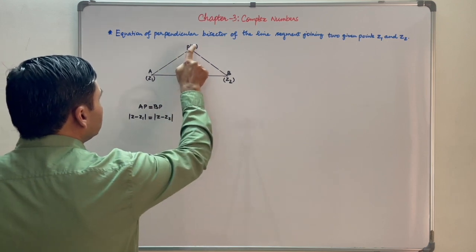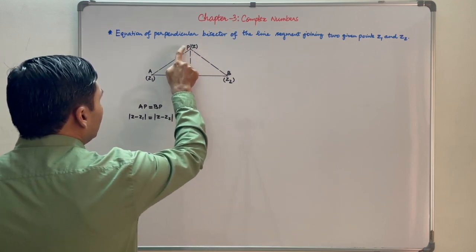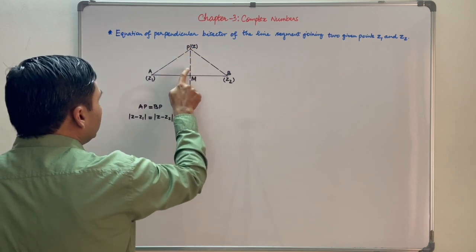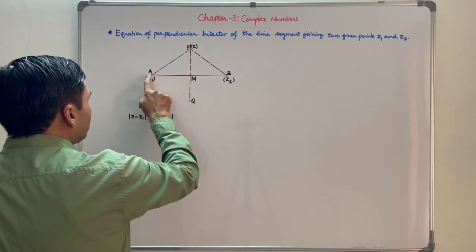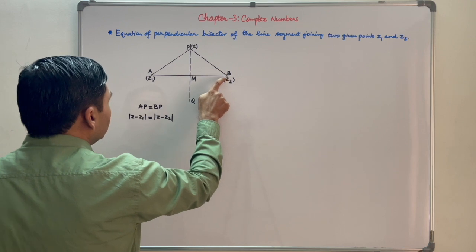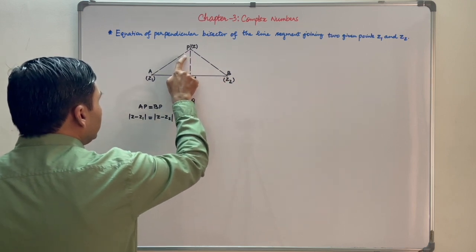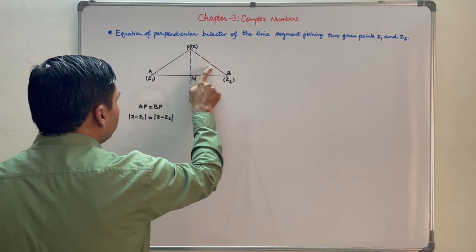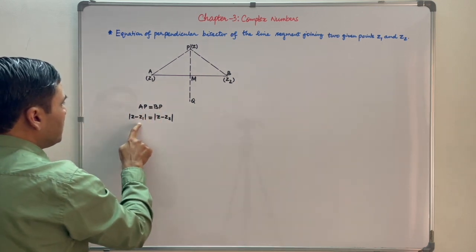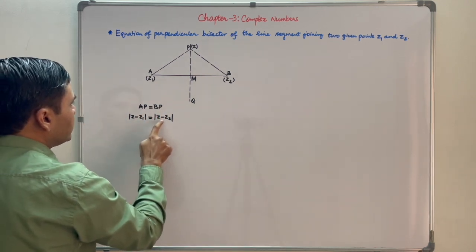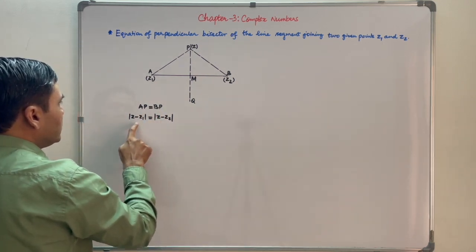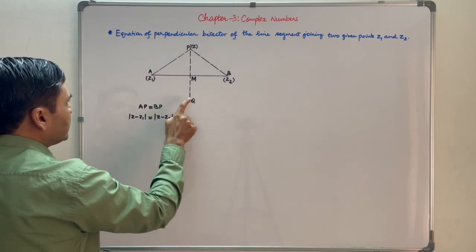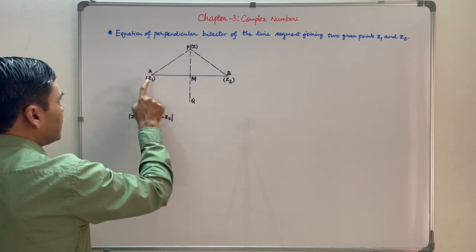It is representing general point z. Locus of P will remain equidistant from both the given points A and B. So we can say that mod of PA is equal to mod of PB, or mod z minus z1 is equal to mod z minus z2. This is the equation of perpendicular bisector PQ of line segment AB.